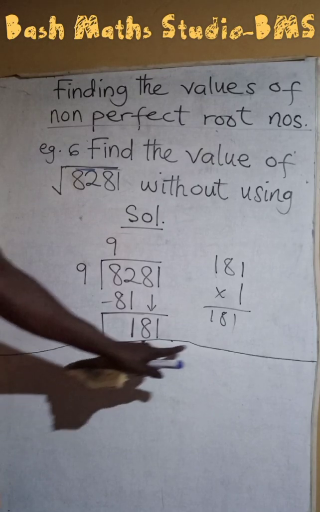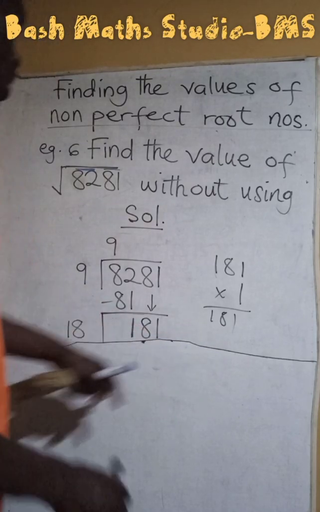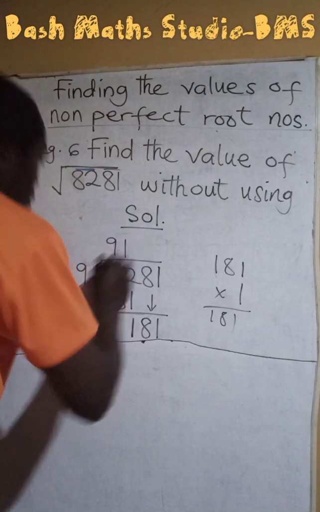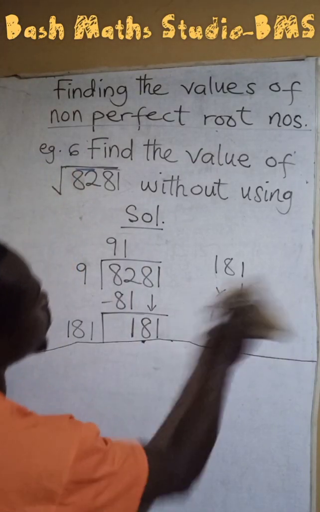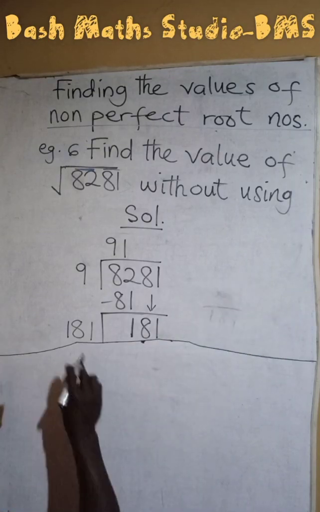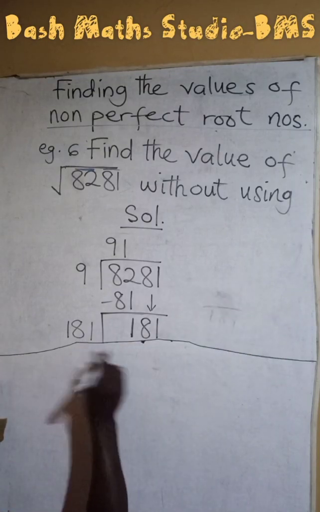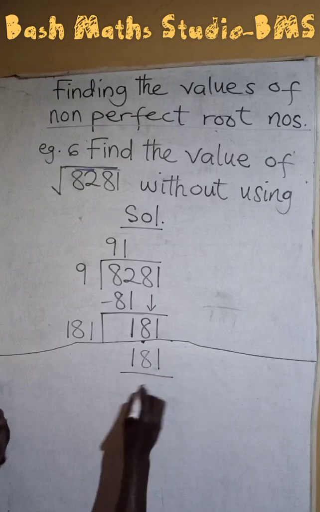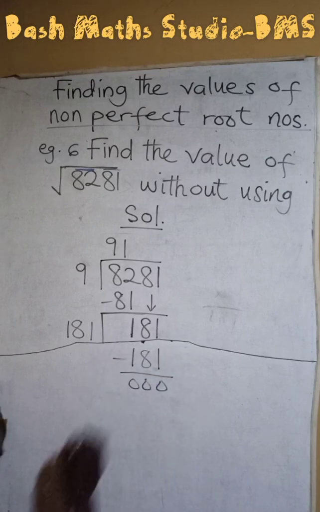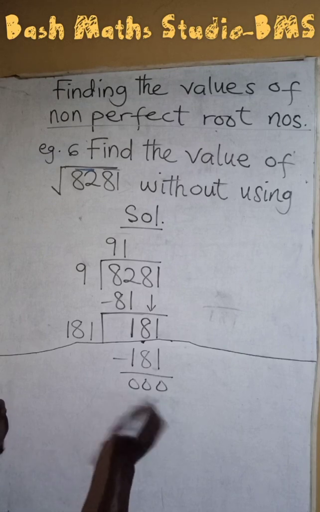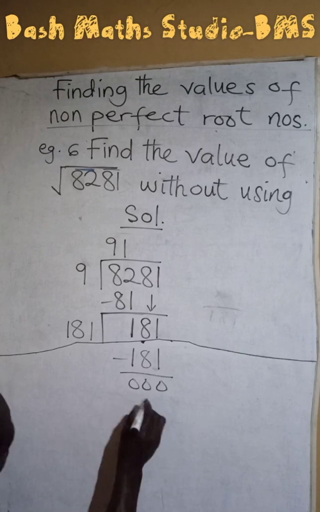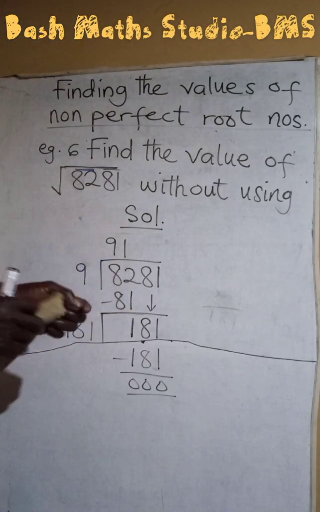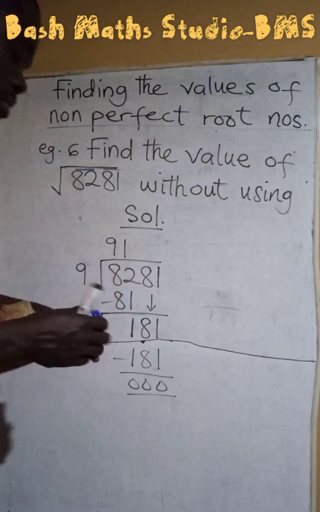If we move to 2, it will be bigger, so 1 will be the ideal number. So 1 here, 1 there, and then 1 times that will give us 181. And if we subtract, we're going to get zeros throughout. And therefore, for long division, if our remainder is 0, we pause and then take the top as our answer.